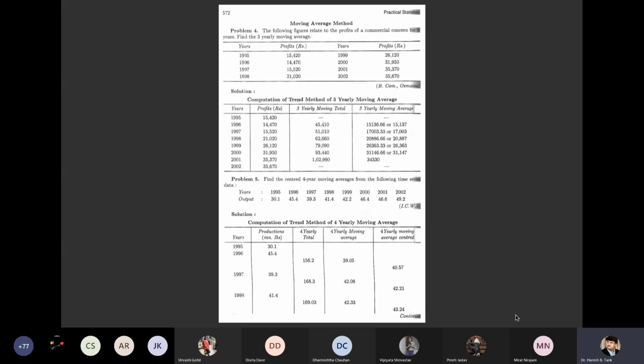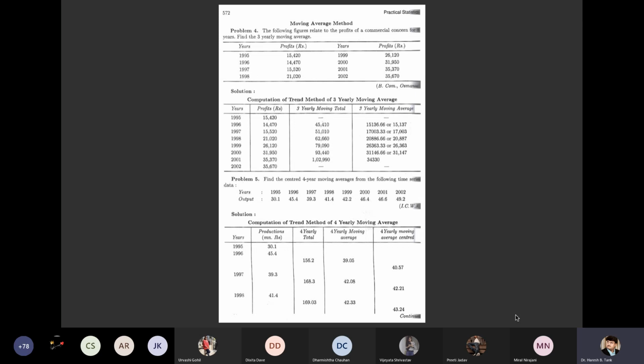After 62,660, the next entity is 79,090.